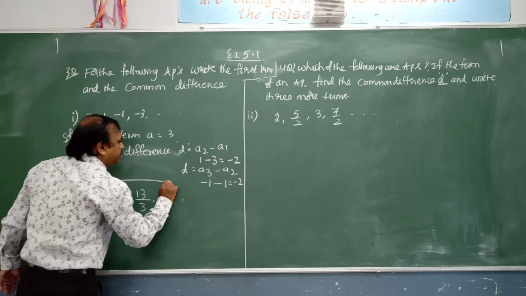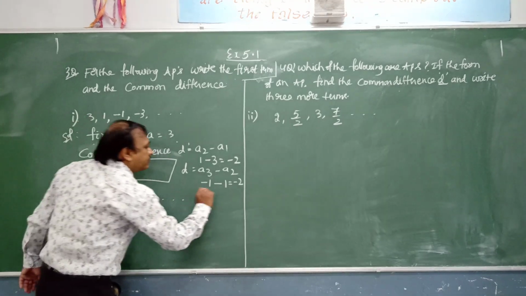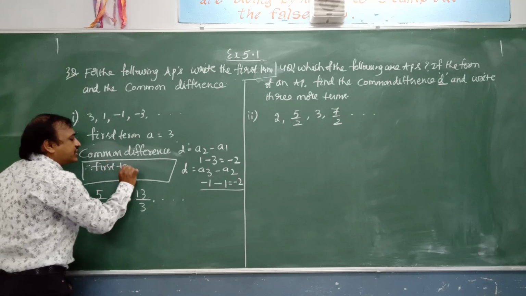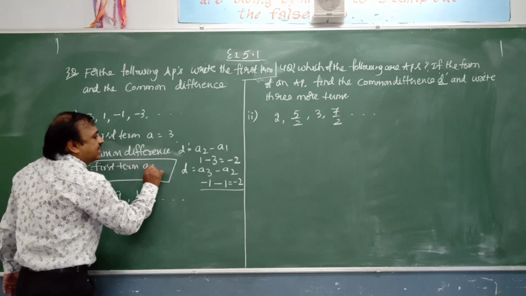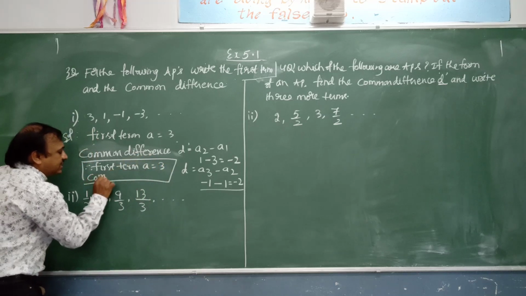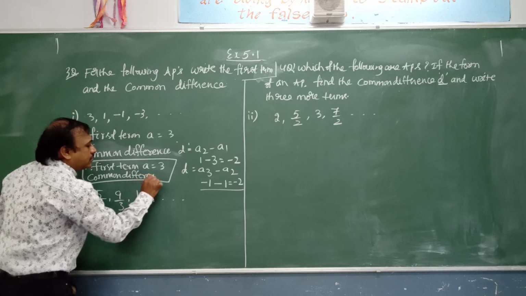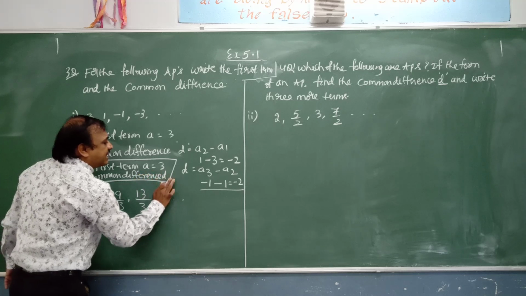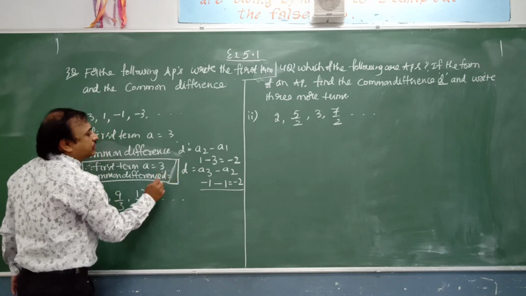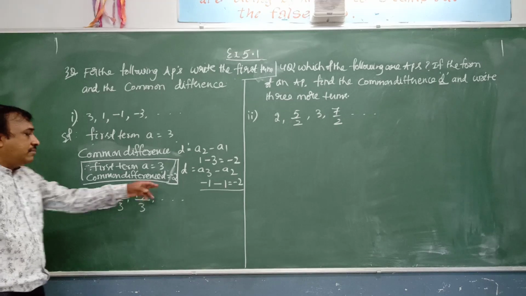Therefore, the first term A is equal to 3. Common difference D is equal to minus 2.